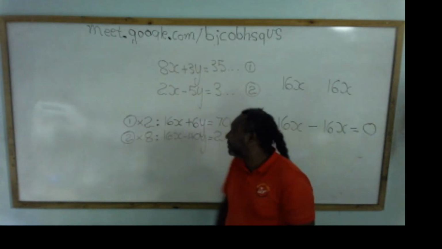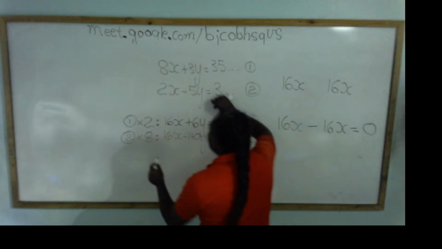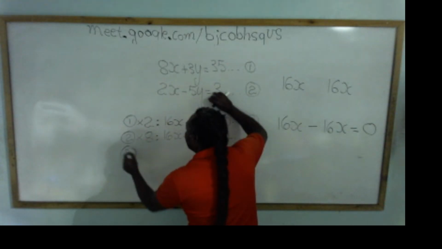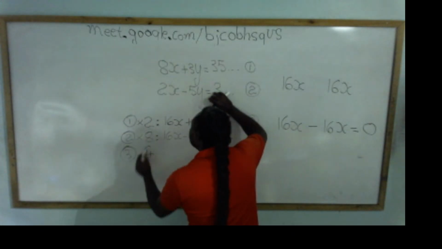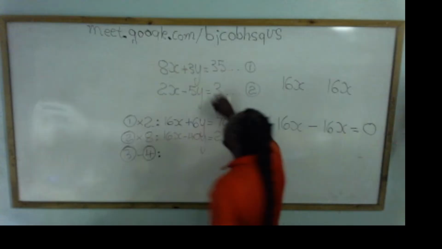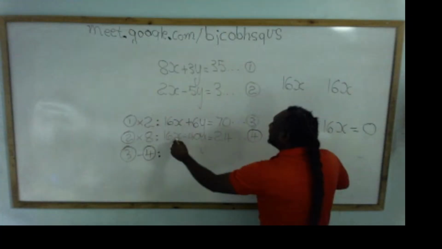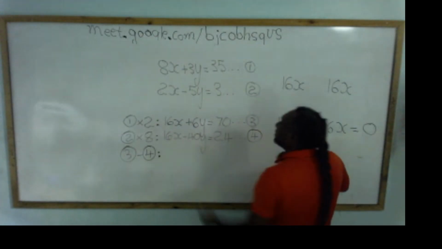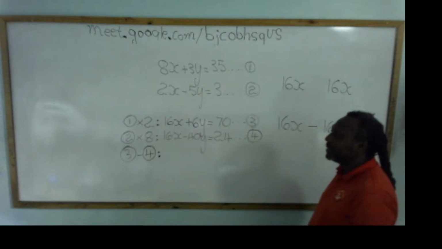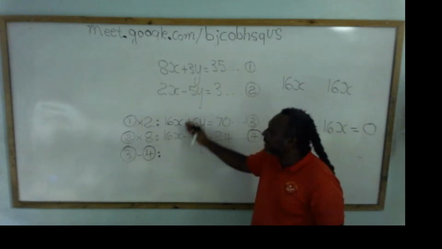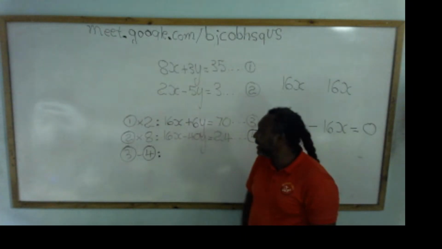So I will say equation 3 minus equation 4. When I say equation 3 minus equation 4, I will have 16x minus 16x, and the x's will be eliminated.